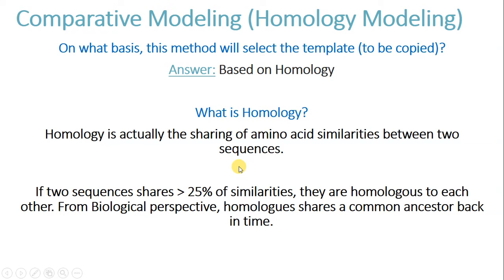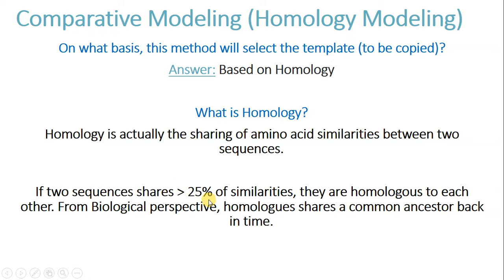If you have two sequences of amino acids, or even more than two, but for your understanding I am mentioning two, and if you compare them and they contain some sort of similarities or identities in the sequence, the borderline is 25%.